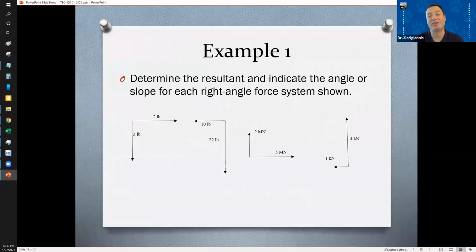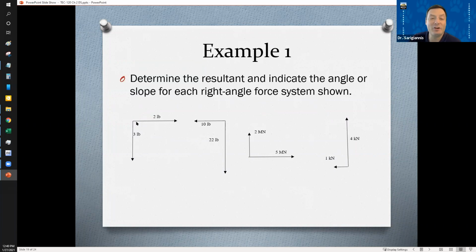Do I have an example? Oh, here's the example. So the first example is this: determine the resultant and indicate the angle or slope for each right angle force system shown. So I've got these four force systems, and we're going to go ahead and solve these.